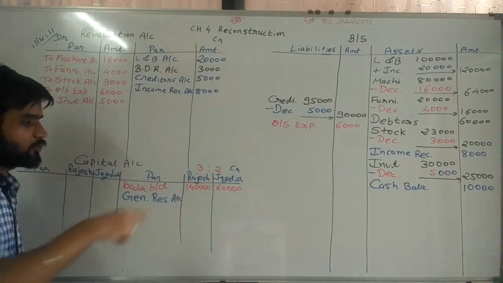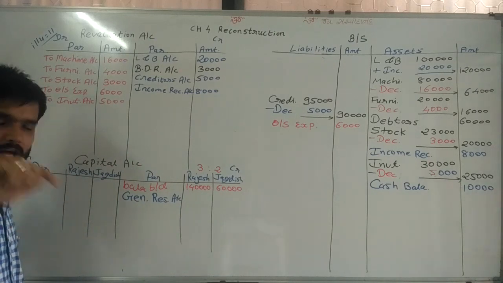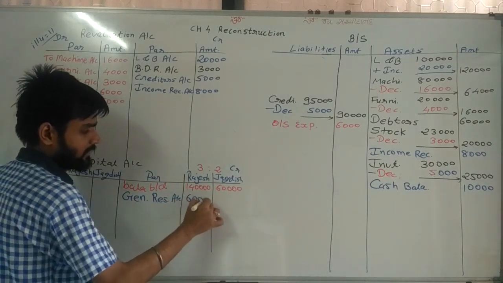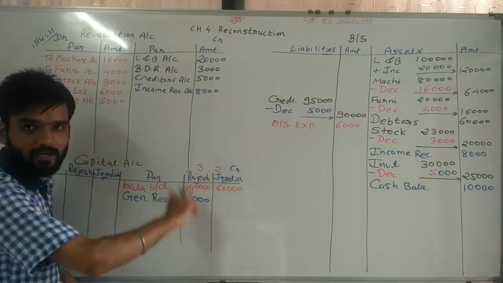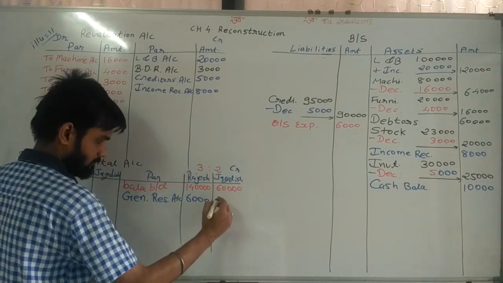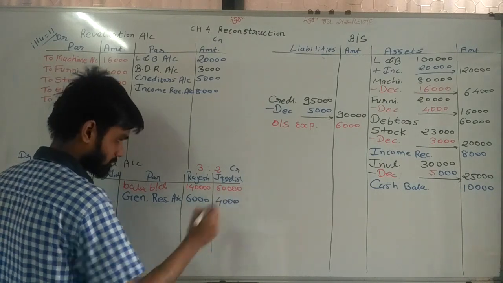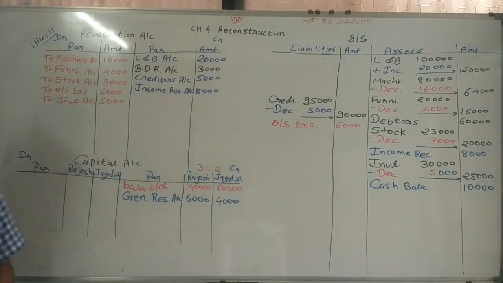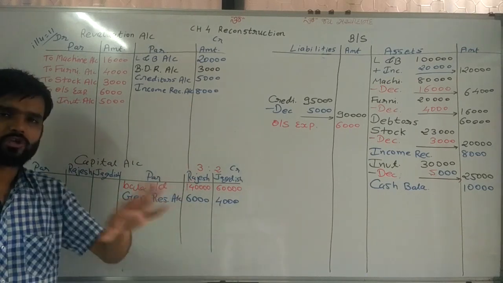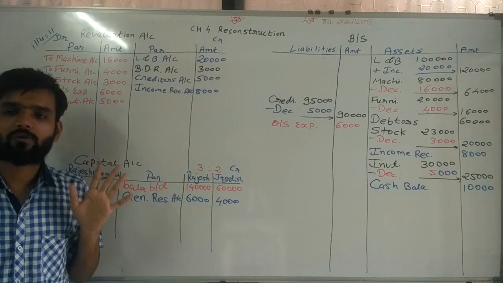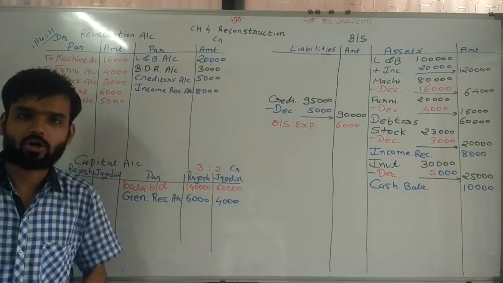So 10,000 into 3 divided by 5, 6,000. Same way 10,000 into 2 divided by 5, 4,000. In this way we can distribute general reserve. And this distribution you have already learned in the first chapter with me. How we can distribute, that knowledge all of you have.